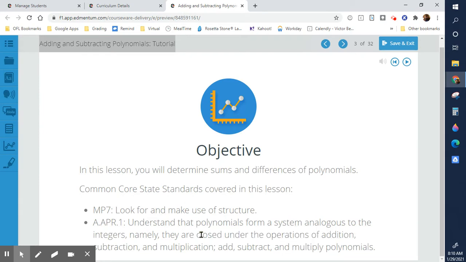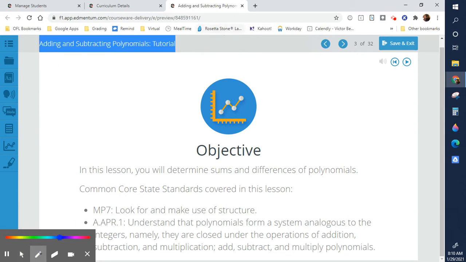Closed operations, I feel it's too complicated of a word, but in number theory, it's this idea that if you're doing that operation, you don't get something else. Like, we're not going to add some type of polynomial to another polynomial, and then all of a sudden it became an exponential function.